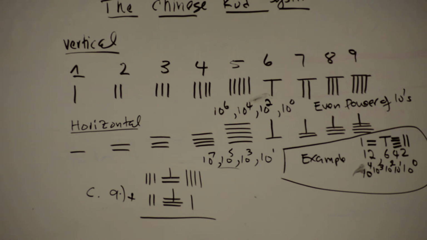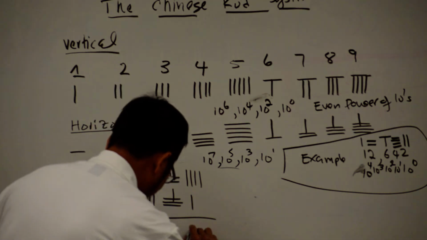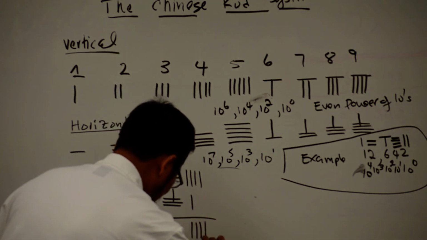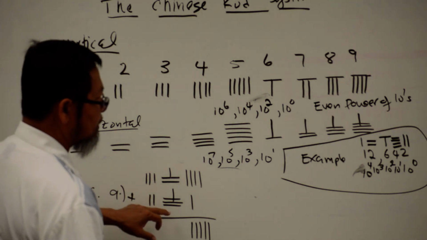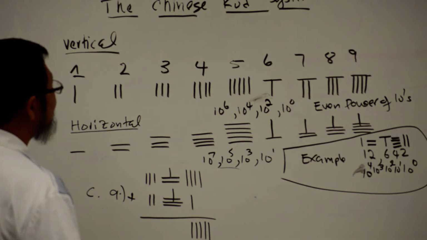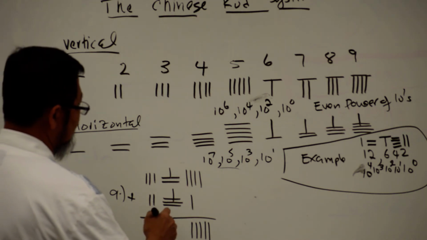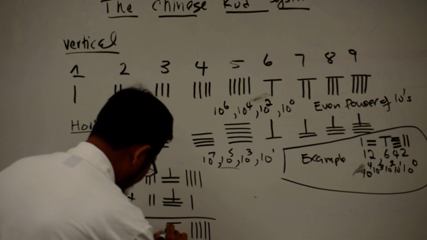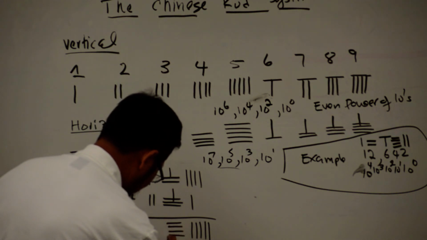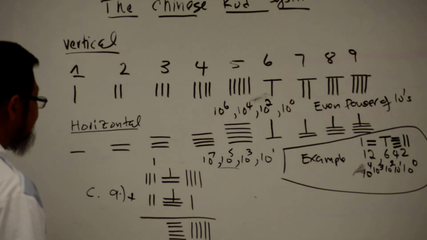Well, we know that this gives you 5. That is 10 to the 0, even power. But also 7 plus 8 is what? 15. 15 should be 10 to the first, so 5 stays here, 1, 2, 3, 4, 5, and then you carry 1.